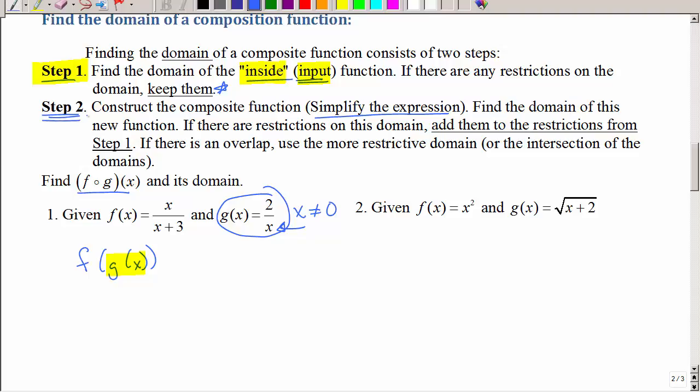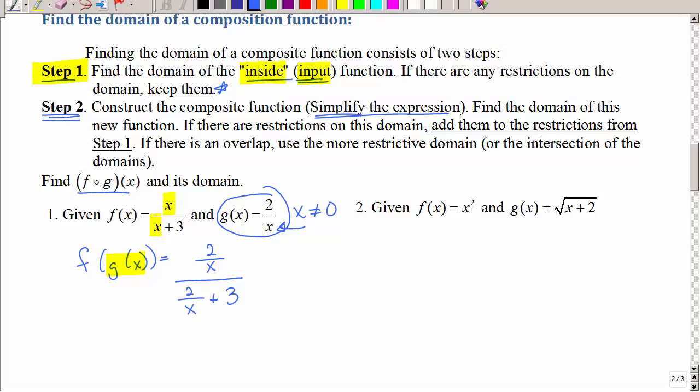Now, step 2, we want to construct the composition function. That means everywhere there is an x, what am I going to replace it with? 2 over x. Now I need to simplify that.